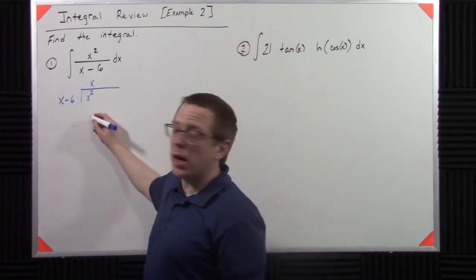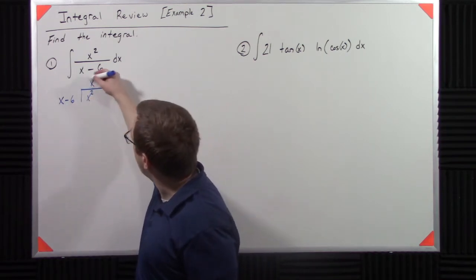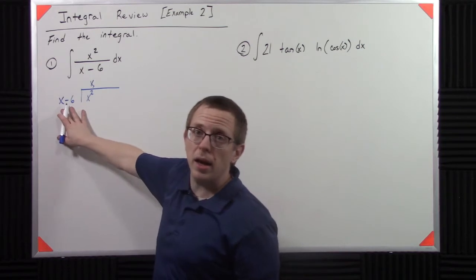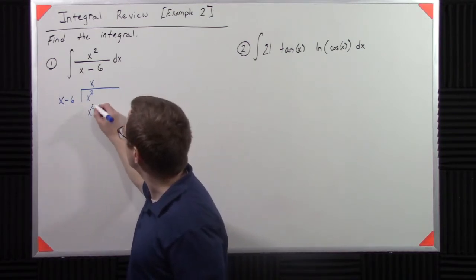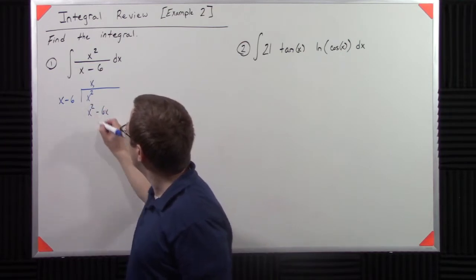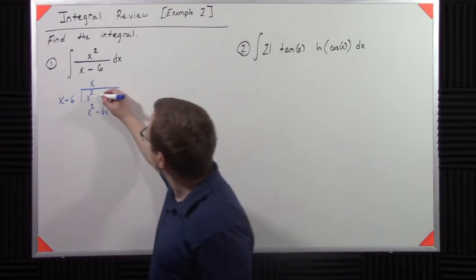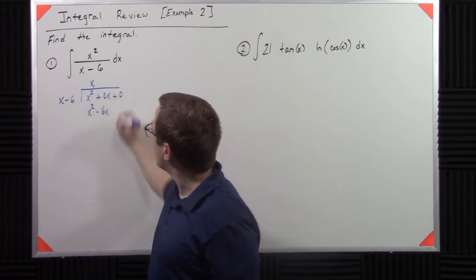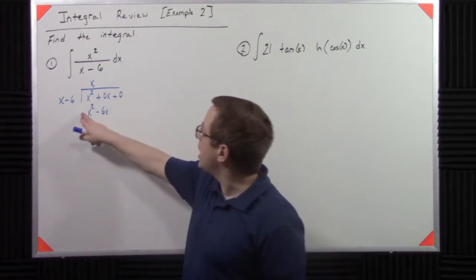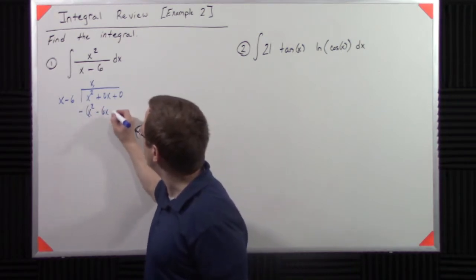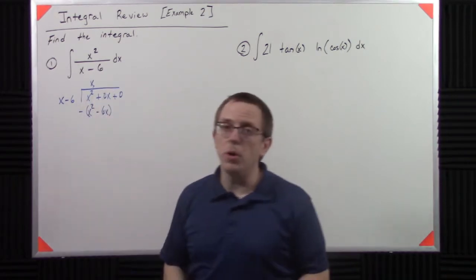By multiplying, I multiply it by every term over here, so I get x squared minus 6x. You could think of the dividend as x squared plus 0x plus 0. Now, just like in regular division, I subtract this from everything above.